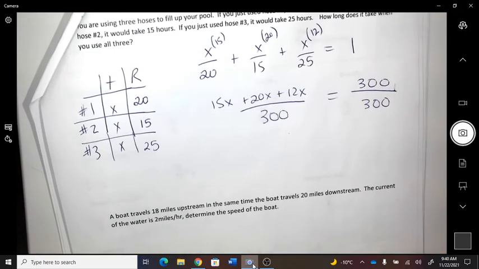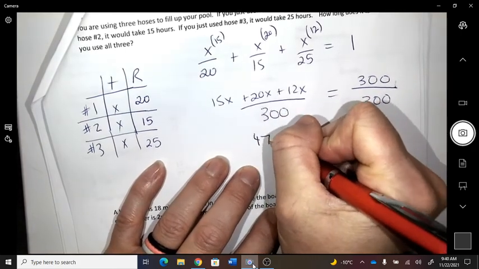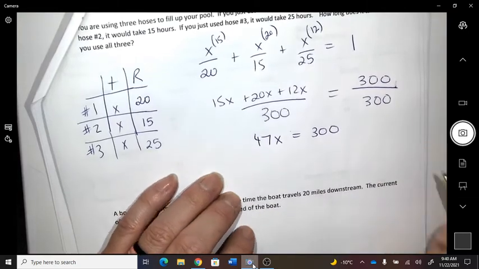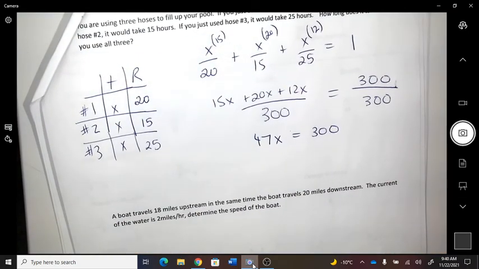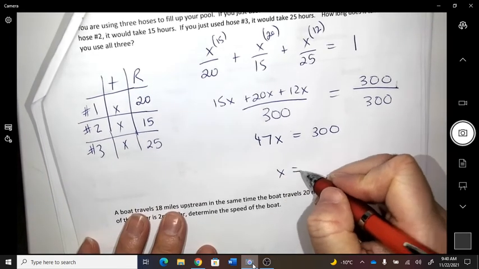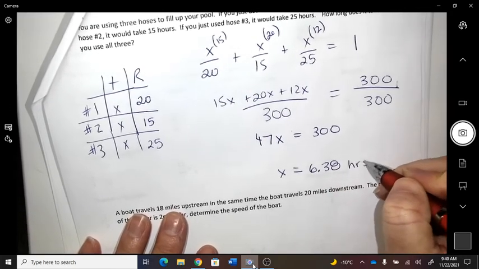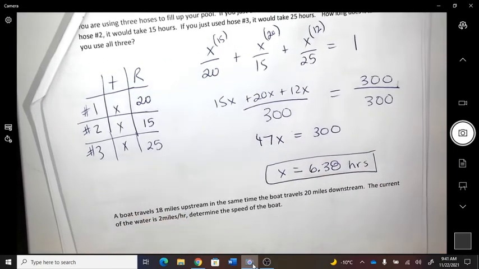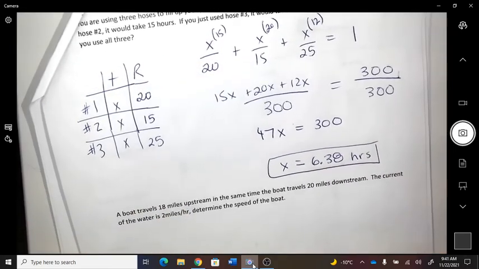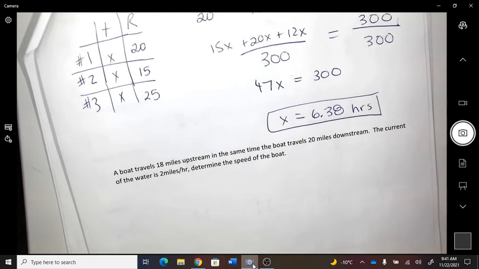Same over same. 47x is that whole top. What are we getting here for time? I'm going to go 2 decimals here. Does my answer make sense? All the hoses, when I get them all going, now the job's 6.38 hours.